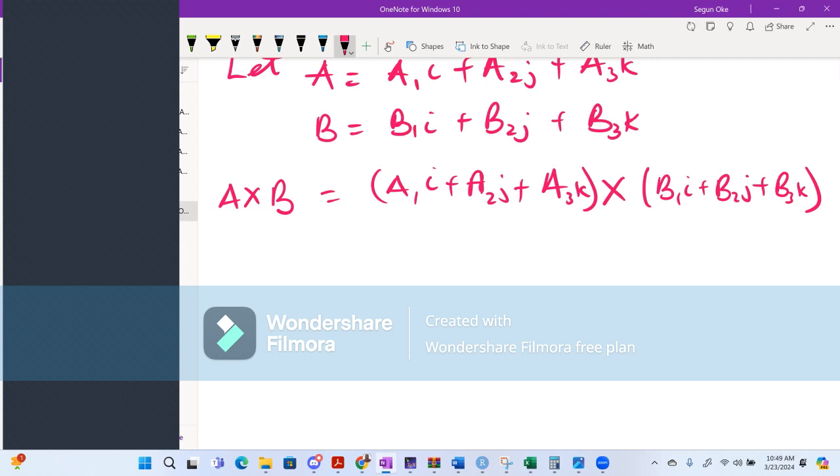In most cases, we can open this and cross it together, but in a simple manner, we are going to use the matrix form. And the matrix form will also give us the same solution.